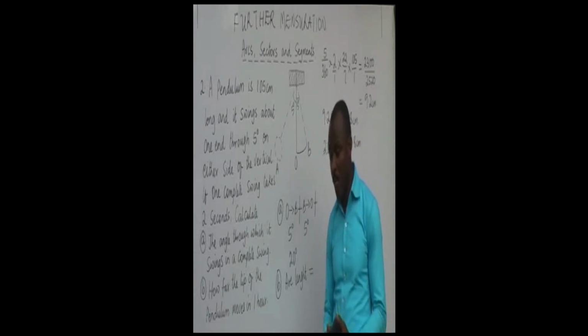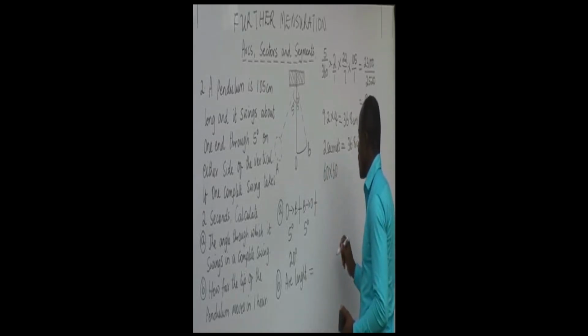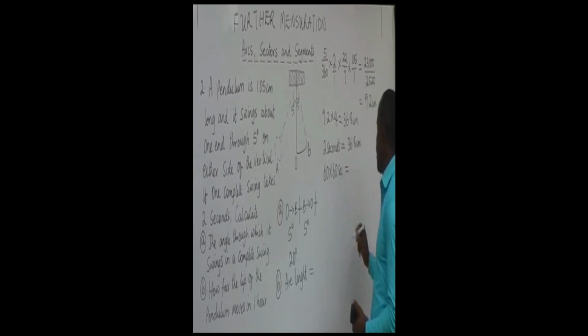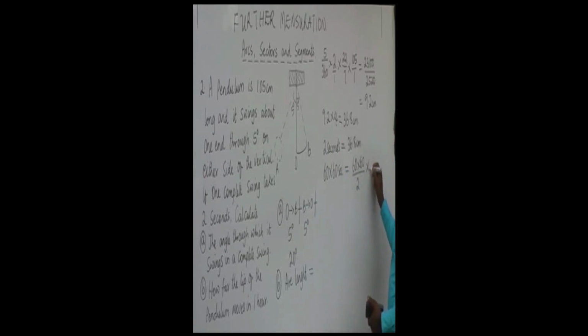I hope you know. 60 times 60 seconds will give 60 times 60 seconds divided by 2 times 36.8 all over 1 centimeters.